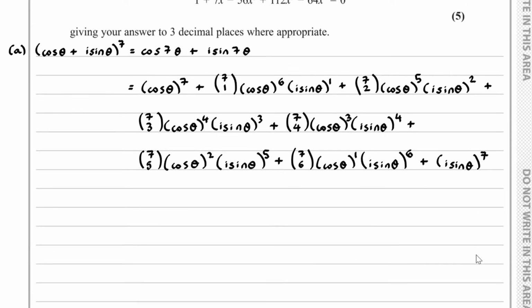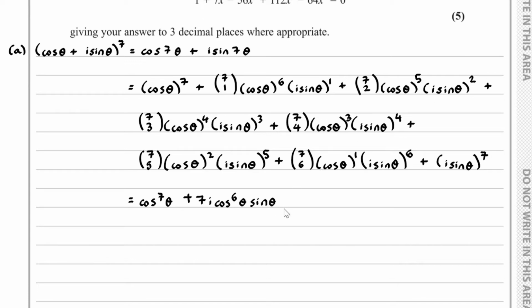So if we tidy all of this up, you can see here we've got cos to the 7 theta, and then next term we've got 7i cos theta to the 6 times sin theta.